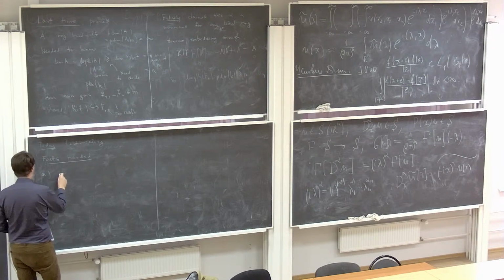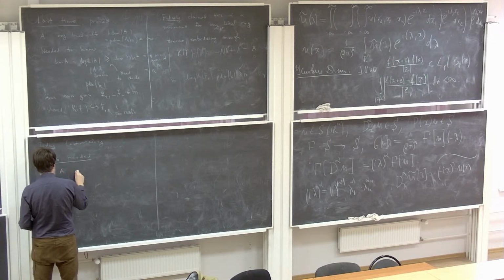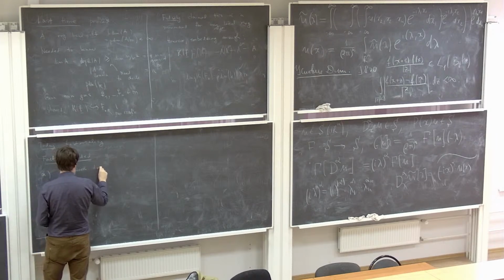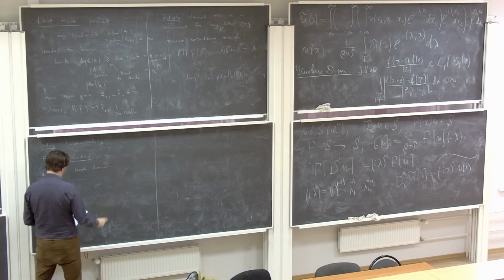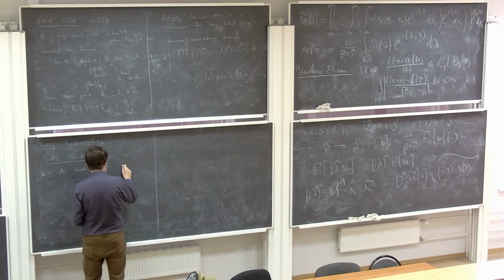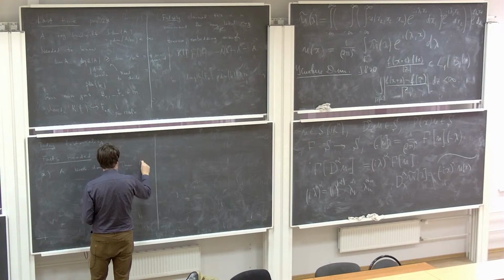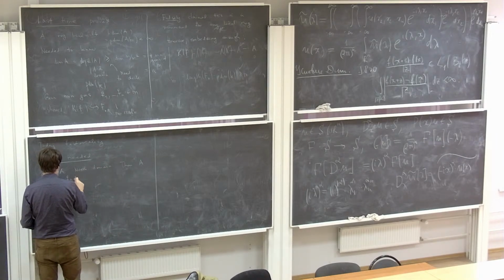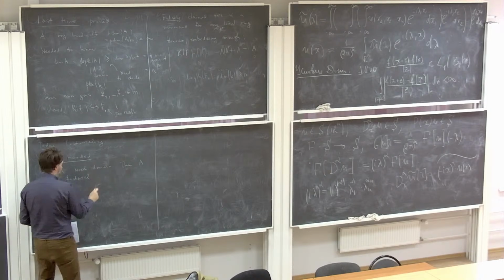So let's suppose A is a Noetherian domain. Then A is factorial. It's a unique factorization domain. So remember what that means.